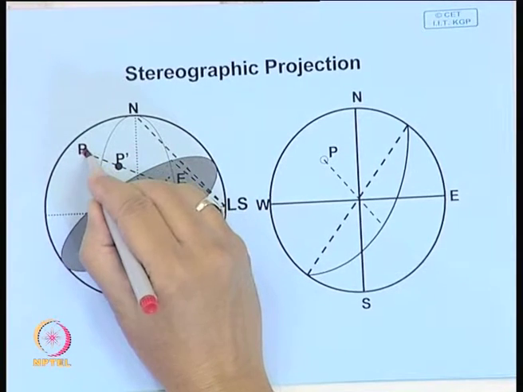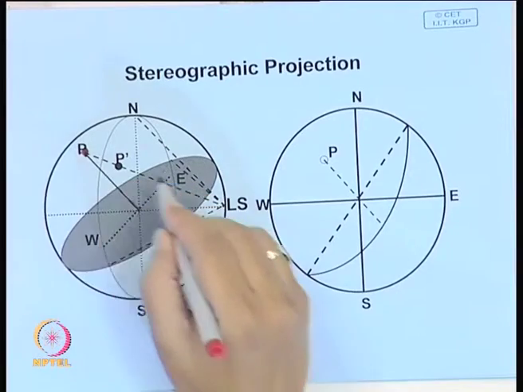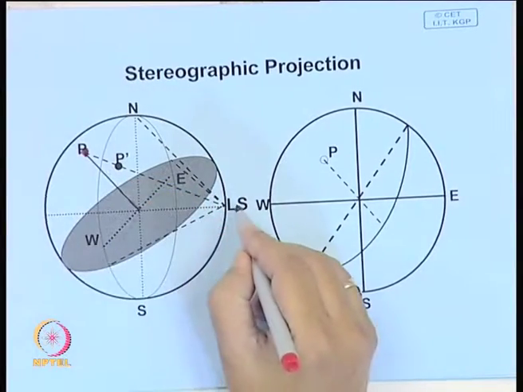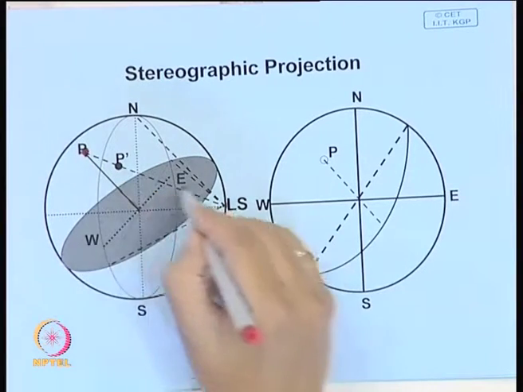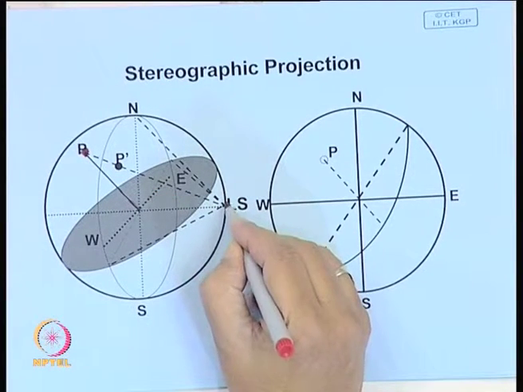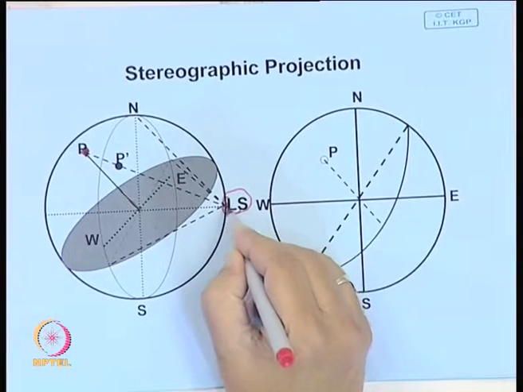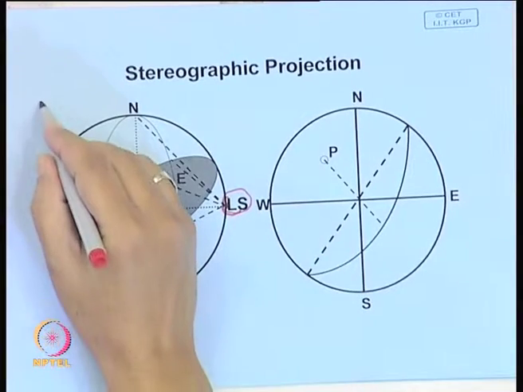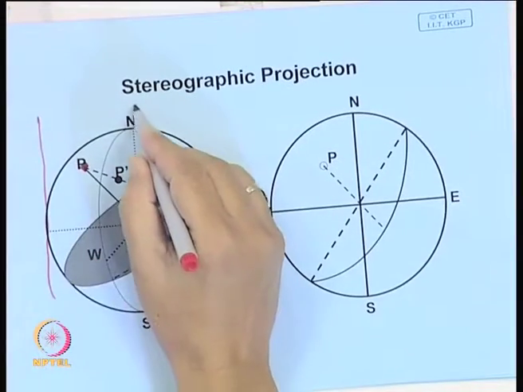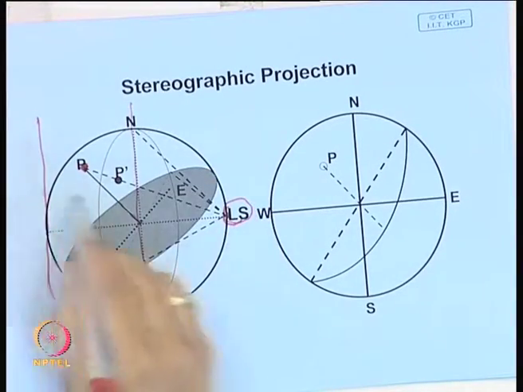Let us say it intersects it at point P. Now, you put a light source here and look at this point from this particular point. Maybe you put a light source here and put a projection plane here. Imagine that.